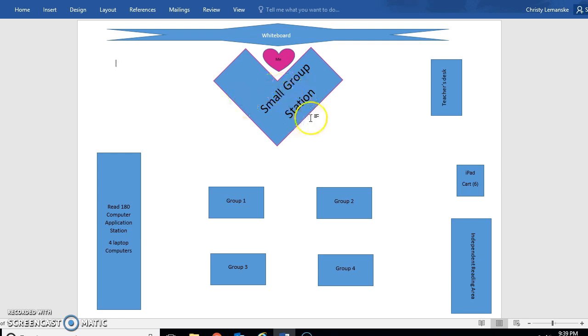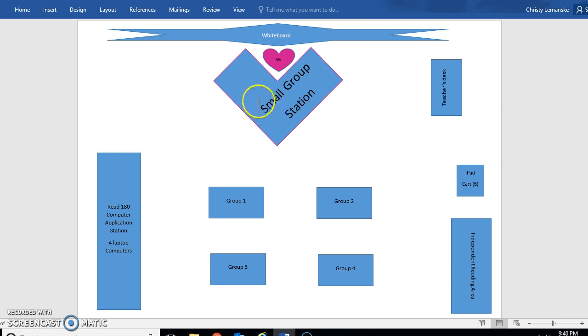So sometimes I'm working with 1 or 2 students up in the small group station during their independent reading time if they do need that remediation or extra help, or maybe enrichment if they're having questions about their reading text.